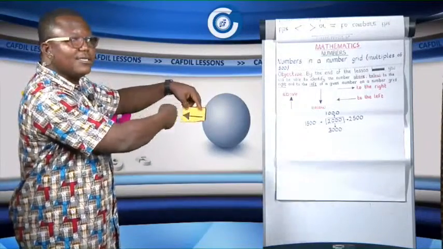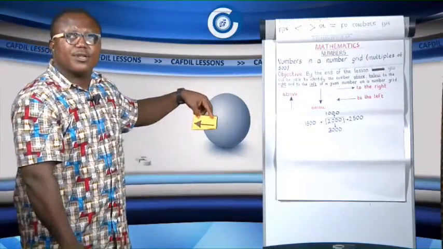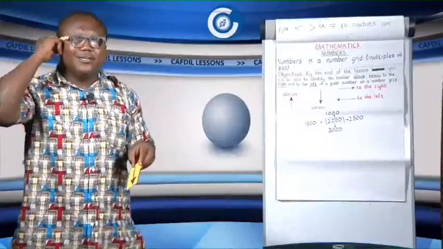To the left. Very good. Now let's turn it again and see, where is this arrow showing? Good. This arrow is also pointing to the right.